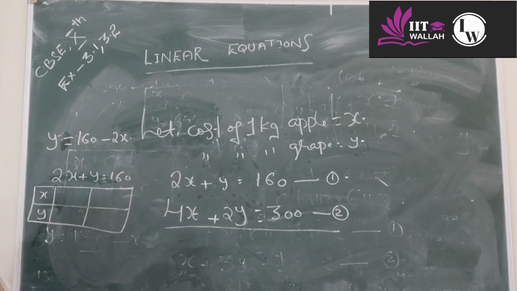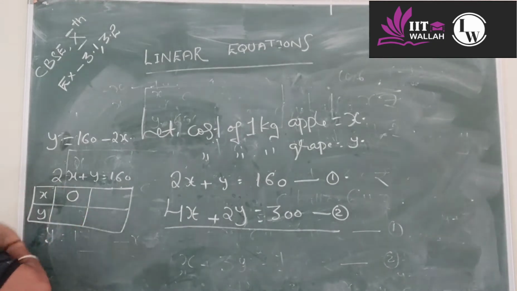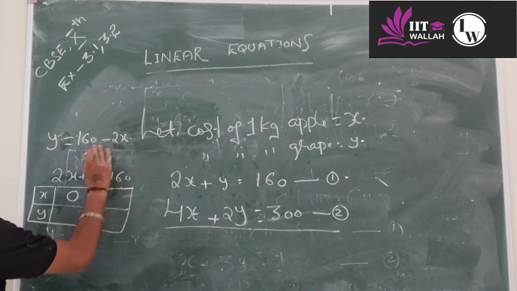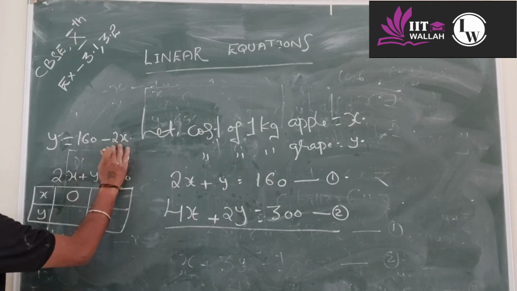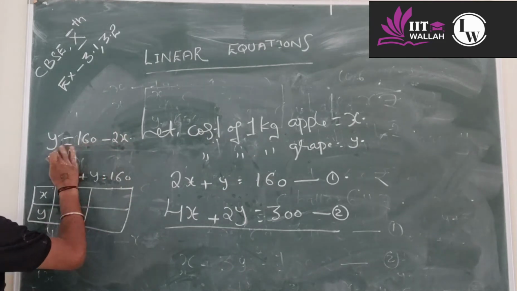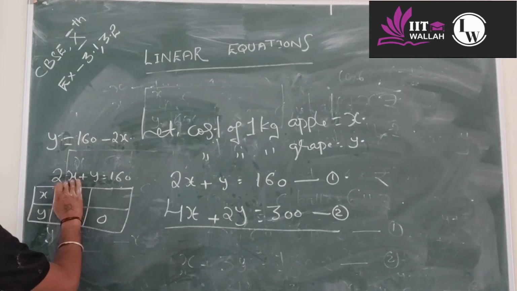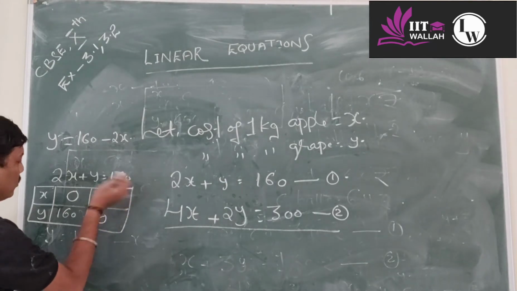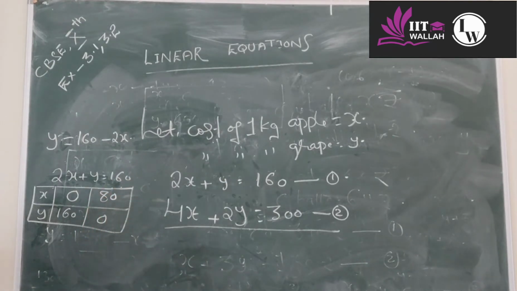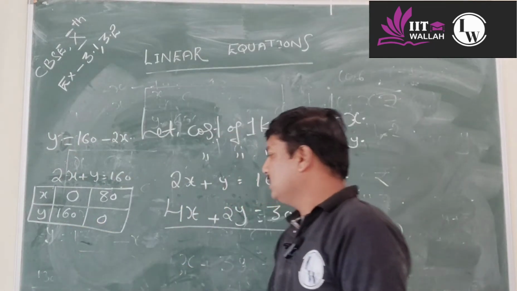If x is 0, this will vanish, so y is equal to 160. If y is equal to 0, this will vanish, 2x is equal to 160, x is equal to 160 by 2, 80. So we got a pair of linear equations here, clearly.